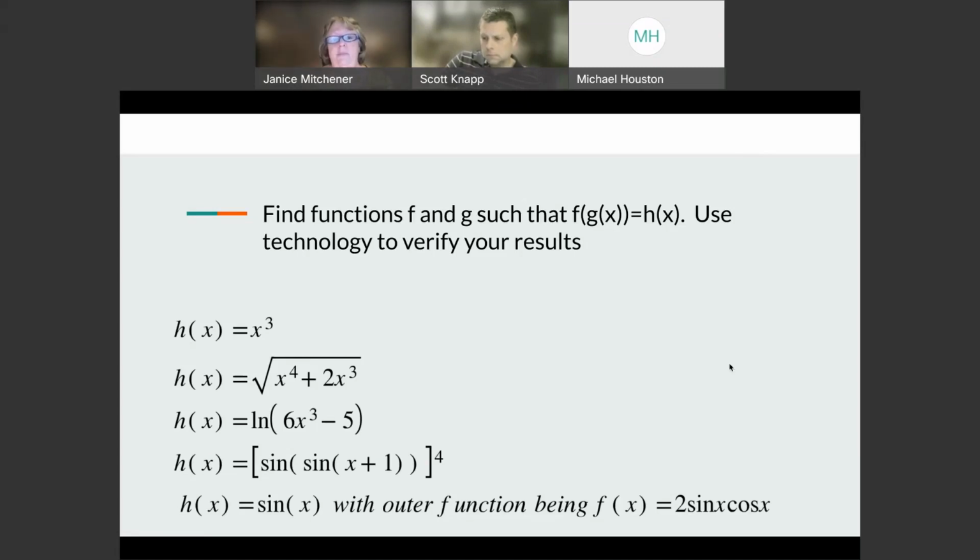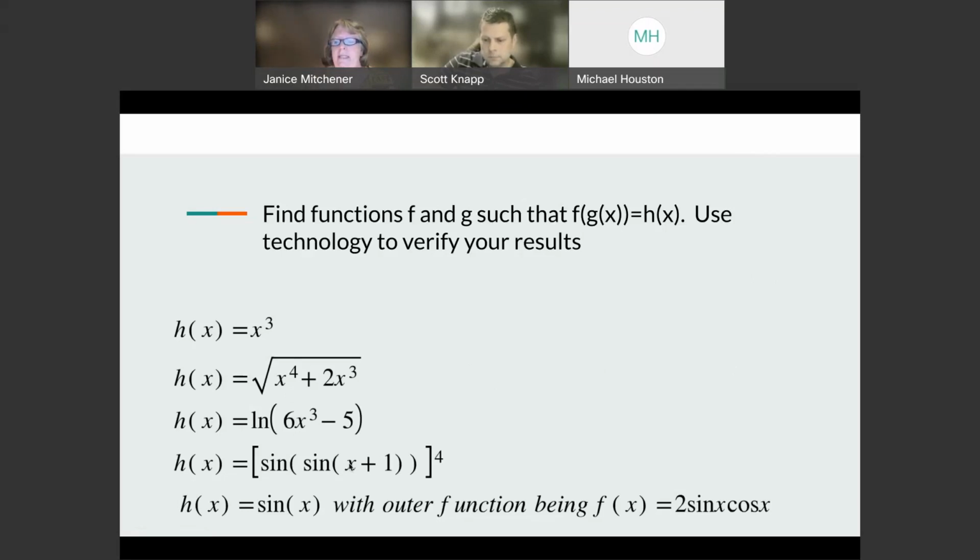All right, so I'm going to start with, we'll come back and play around with some of these others if we can. But I would challenge a student to say, okay, look at this fourth one down. What would you pull out to be the inner function? What would you pull out to be the outer function?